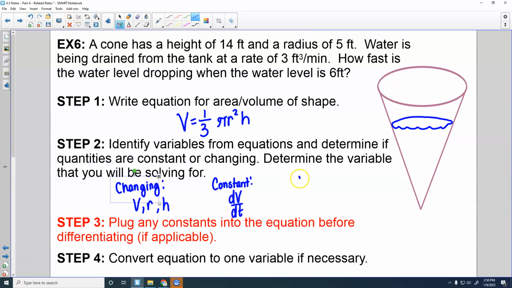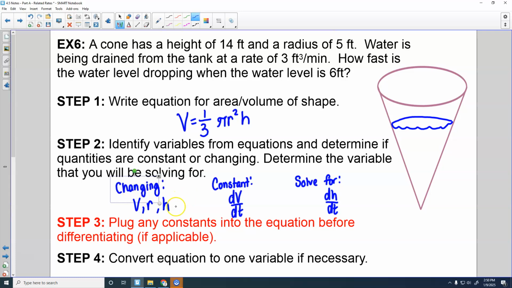And then we're going to solve for how fast the water level is dropping. That's dH/dt. And they tell us that we're looking for when the water level is 6.